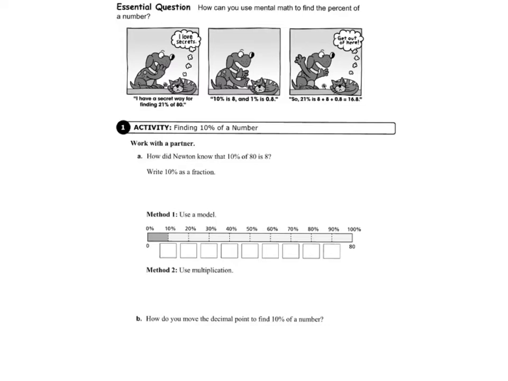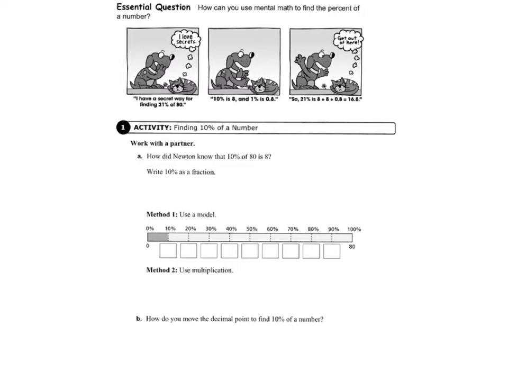We need to look at the cartoon at the top of the page, and it has Newton, who is the dog, talking to the cat, whose name is Descartes. And he says, I have a secret way for finding 21% of 80. And the cat is thinking, I love secrets. And Newton says 10% is 8, and 1% is 8/10.